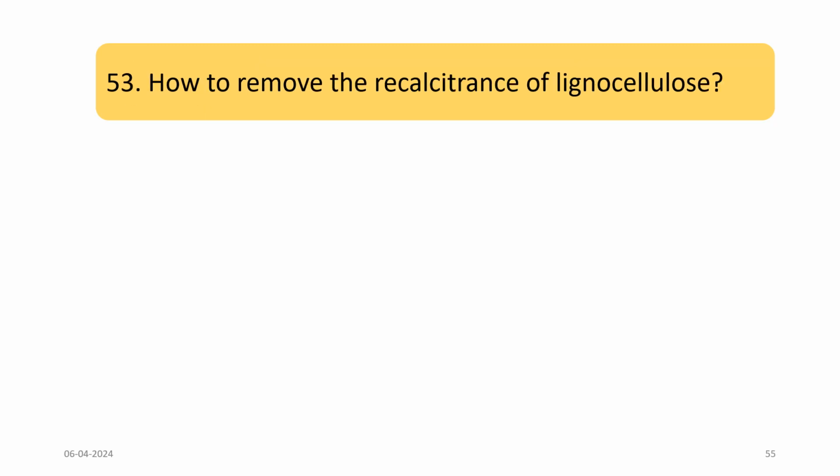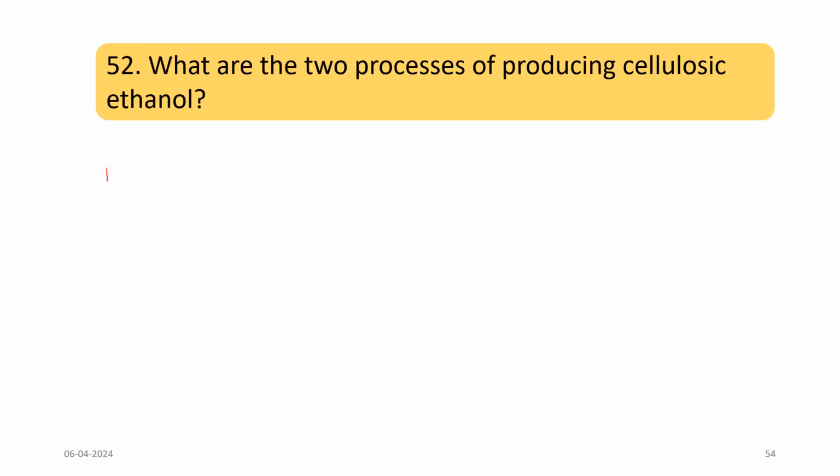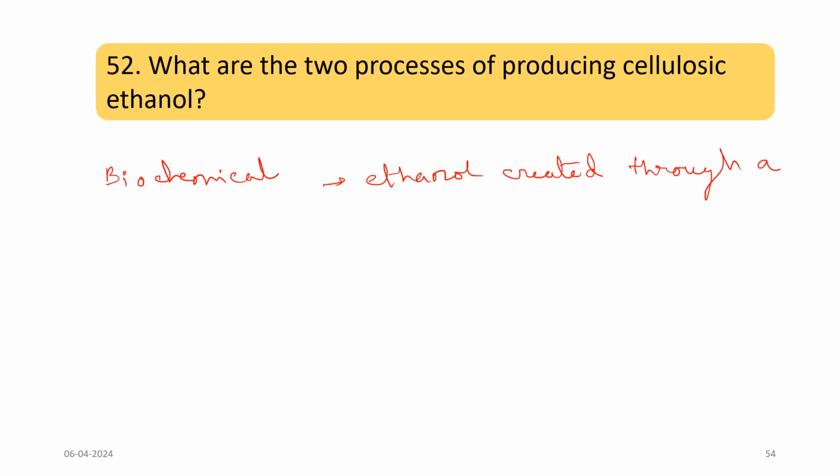The first one is the biochemical process. In the biochemical process, ethanol is created through a series of steps.